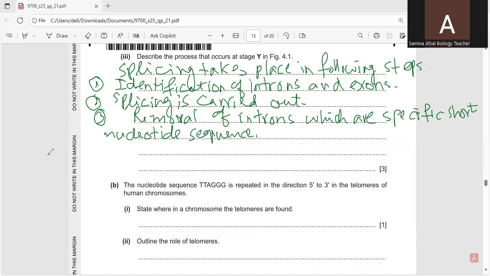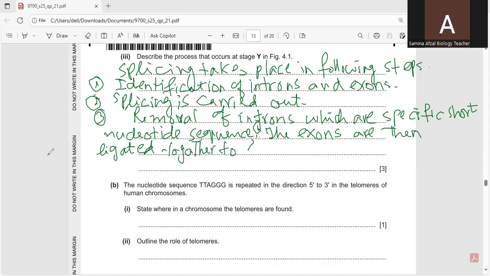After their removal, the fourth step is that the exons are then ligated together to form a continuous coding sequence.